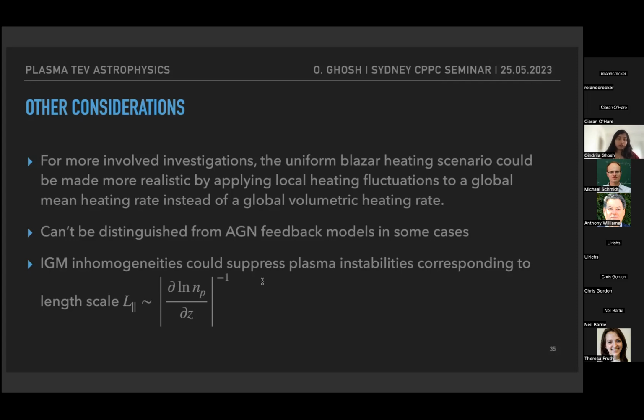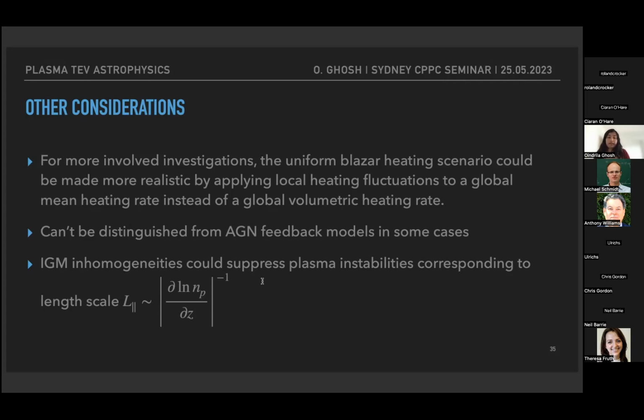Instead of a global volumetric heating rate, you essentially have a mean heating, and you add heating fluctuations, local heating fluctuations corresponding to the blazars, depending on their distribution. However, this has the limitation that they cannot be distinguished from AGN feedback models in certain cases.